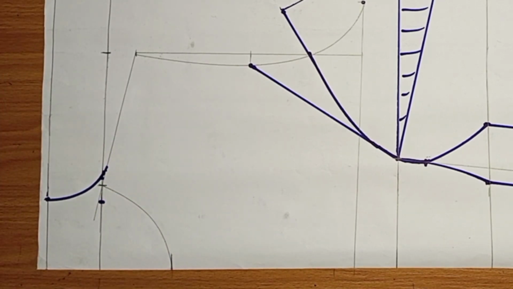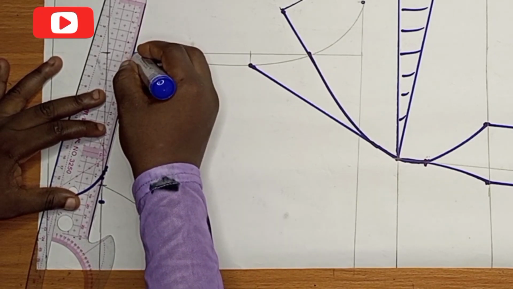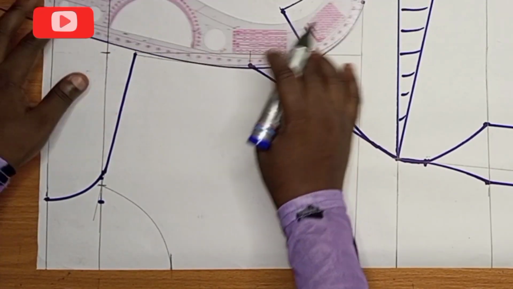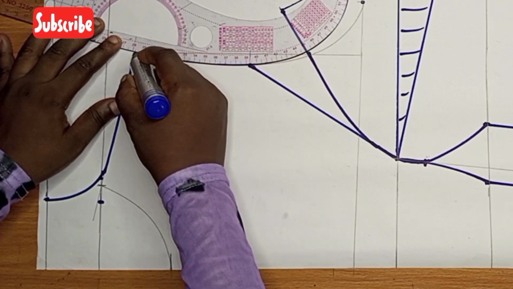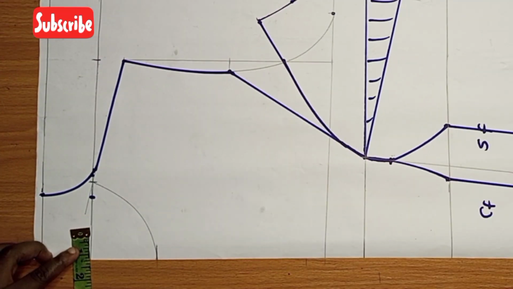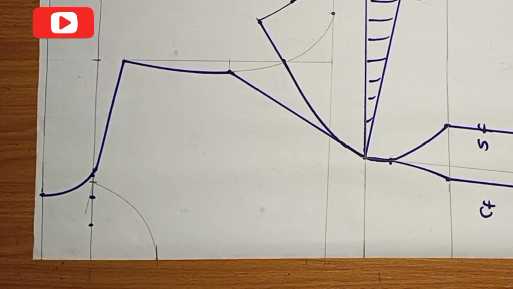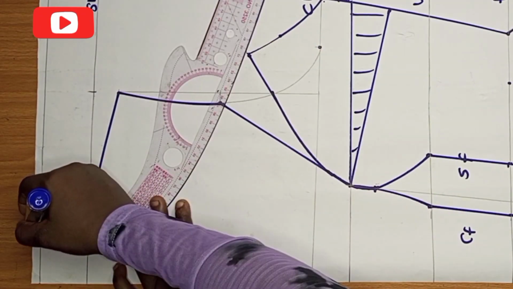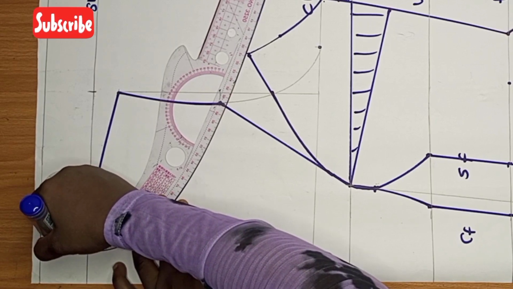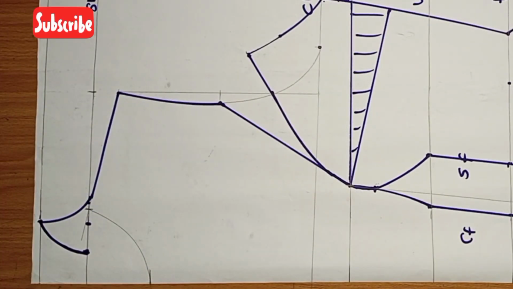Now I'll go ahead to outline my shoulder line and then my armhole line, so this will be more visible and understandable. Now the next thing I will do is to come in from here by 1 inch. I'll mark the point there, and then I'll go ahead and use my marker to connect it from that top part to that 1 inch point I came in on the neck area.